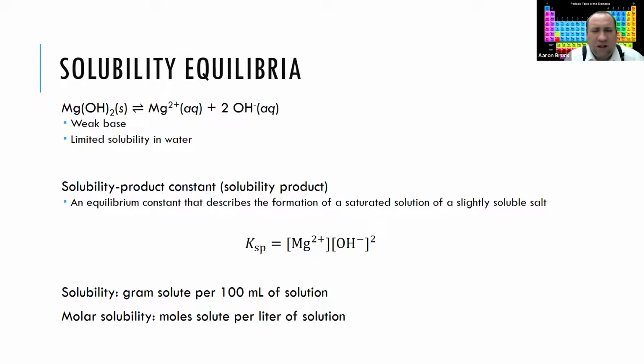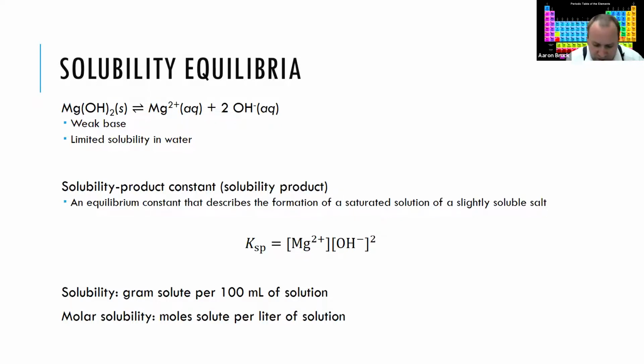But solubility isn't really an absolute. Things aren't always soluble or always insoluble. Even things that are really, really soluble do have a limit to their solubility. We cannot just infinitely dump sodium chloride into water and expect that it all will dissolve. At some point, we run out of space for those ions.